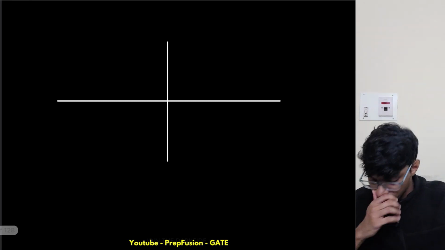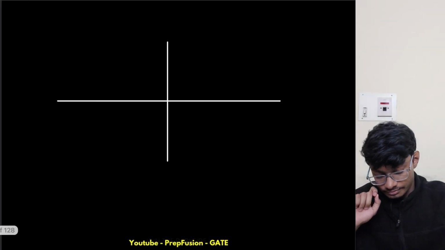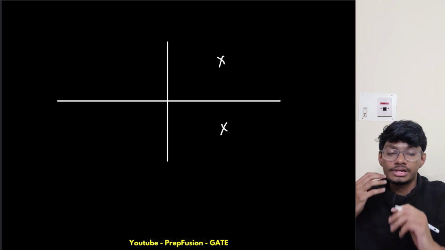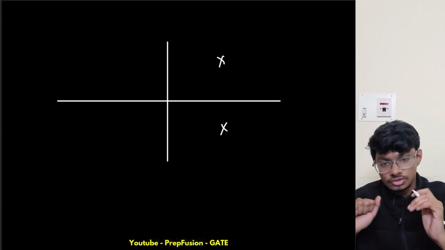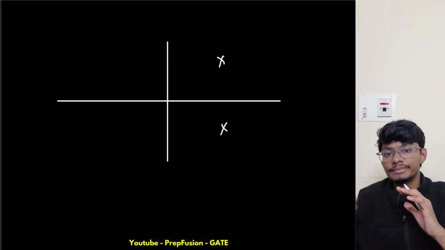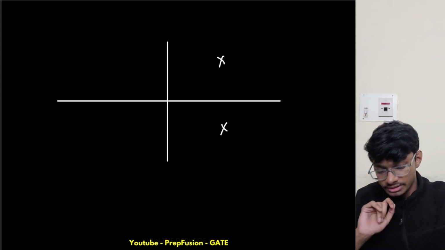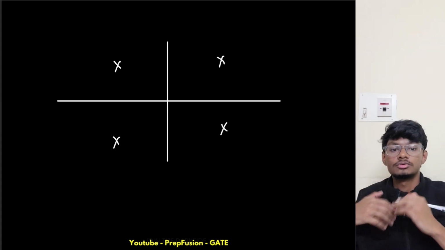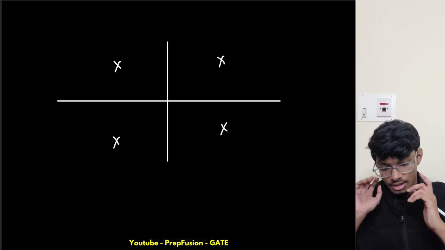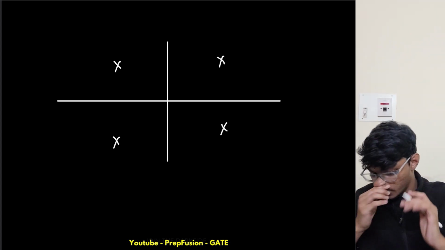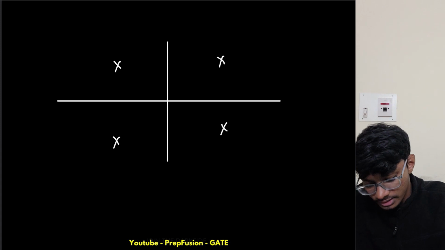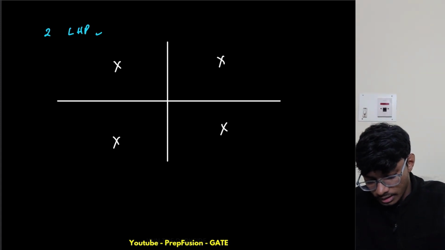So now if my two right half plane poles are like this, where do my left half plane poles have to lie? They have to lie like this, just to satisfy the condition of symmetry. But what I understand here is that two left half plane and right half plane symmetry is happening.